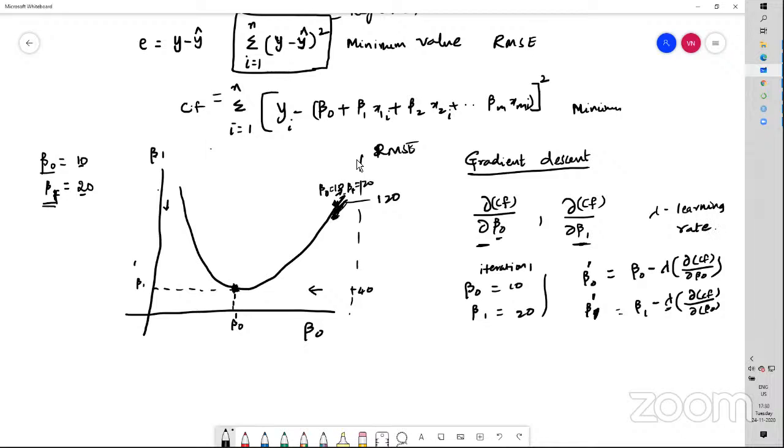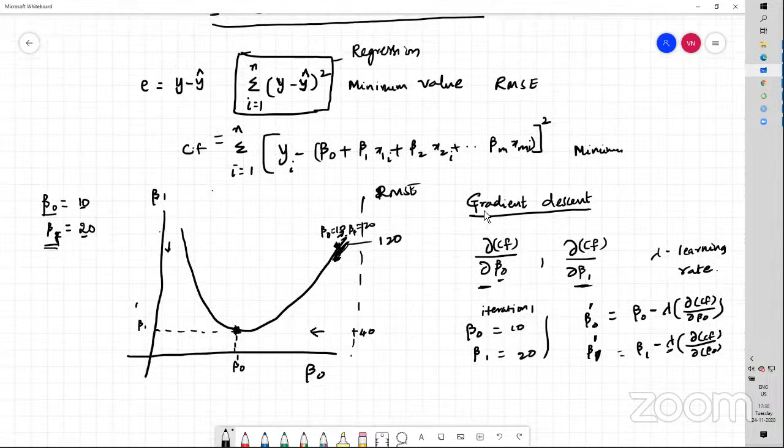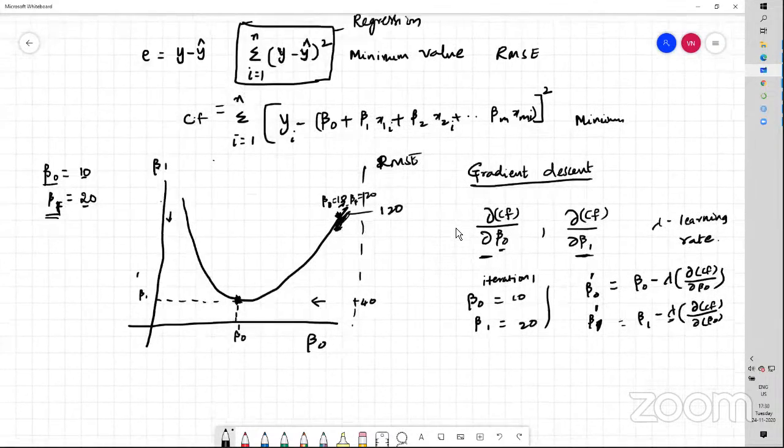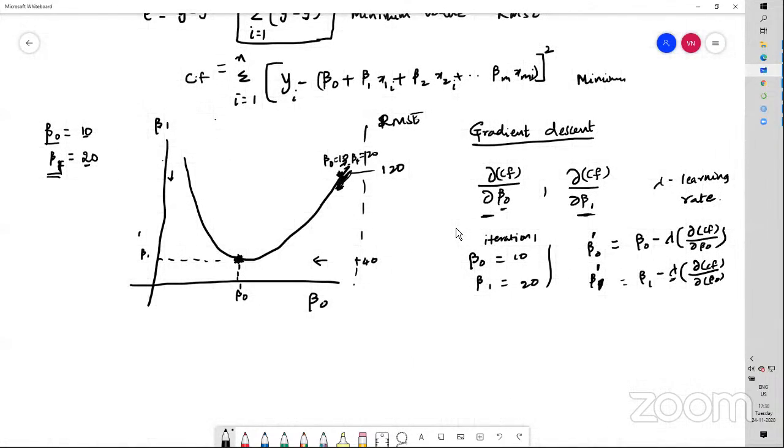Now we take iteration over iteration until we find this minimal point. The moment we find this minimal point, we will stop there. That is going to be the final value of beta naught and the final value of beta 1, where the cost function takes its minimum value.